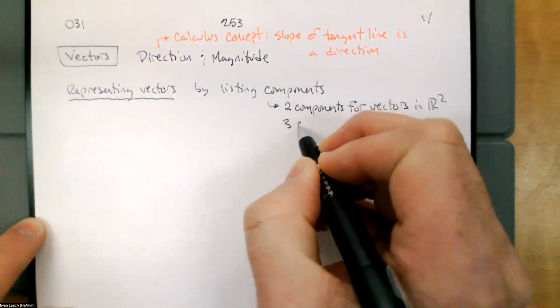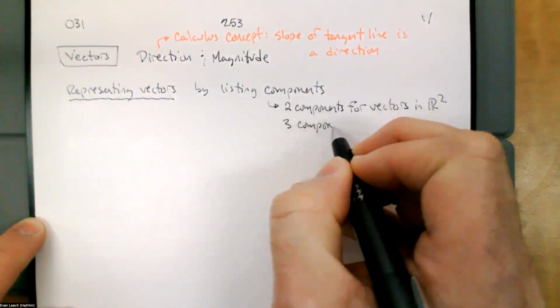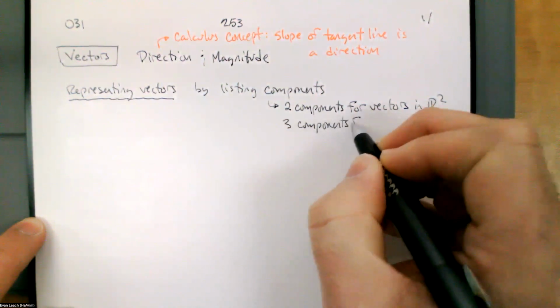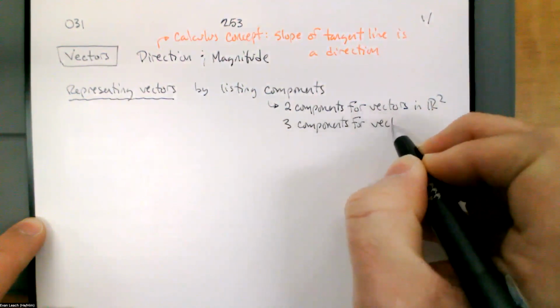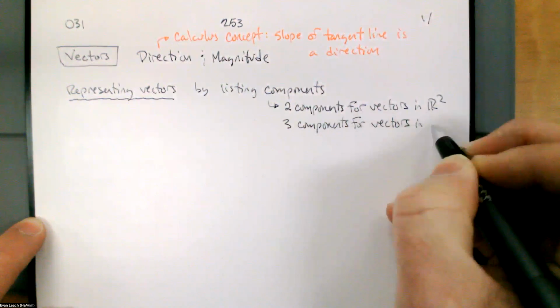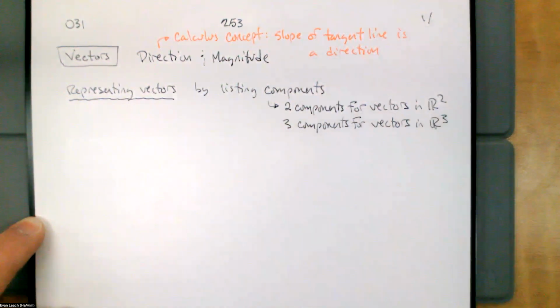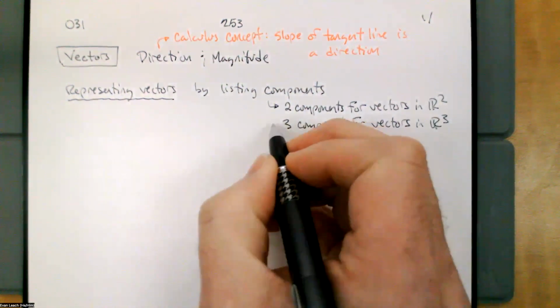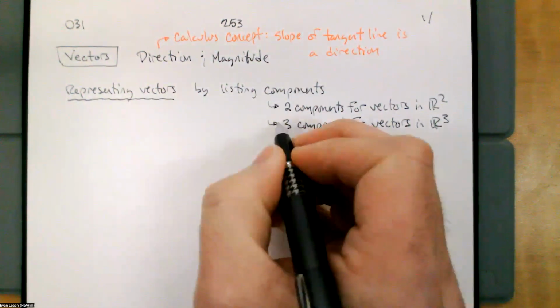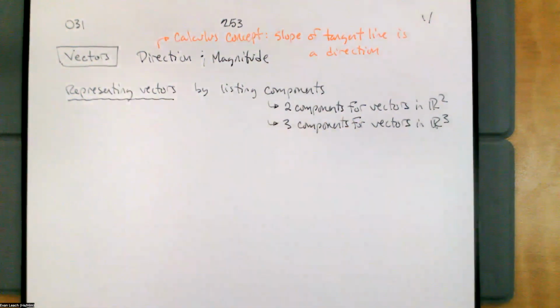We need three components for vectors in R3. Two components for vectors in R2 and three components for vectors in R3. We're just going to list the components, but we're going to do this in different ways.